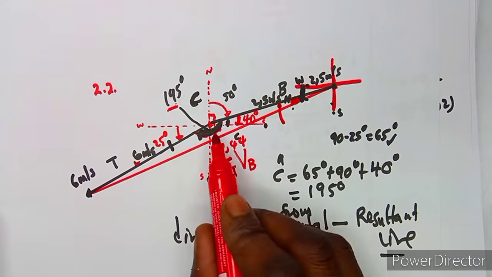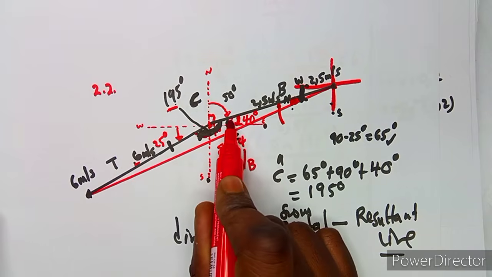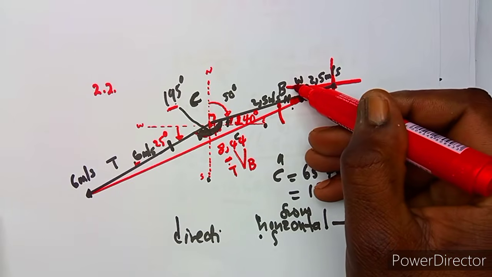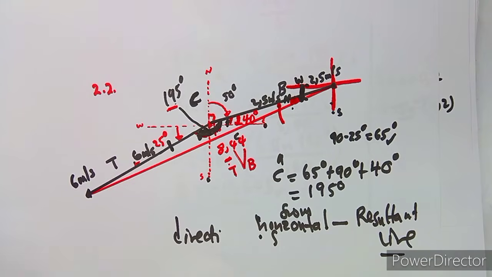Because if you are to cross check, this angle here is 40 degrees, and this angle that is in between here is also 40 degrees. Let me indicate it in black, or let me put it this way. I think it's going to be much clearer, guys, for us.